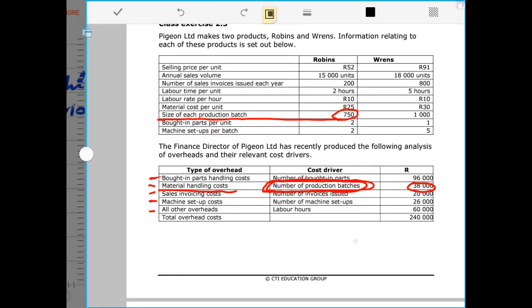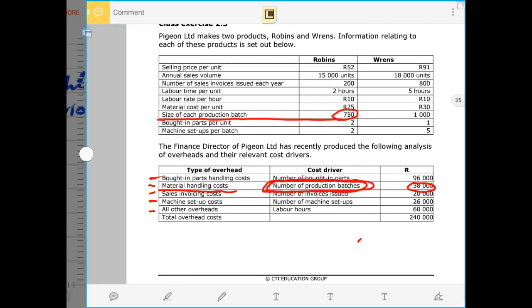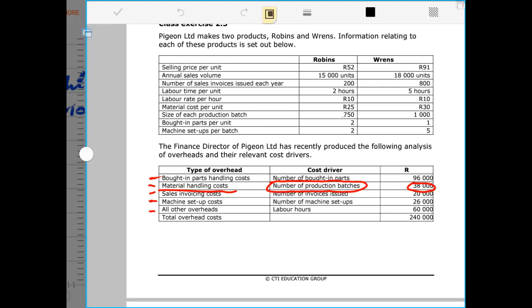So now let us check what we can do to use the information that is given to do the calculations. The size of the batch is 750 and the size of the batch here is 1000. And the machine setup per batch, which is the number of times the machine is set up per batch, is 2 times, and here it is 5 times.